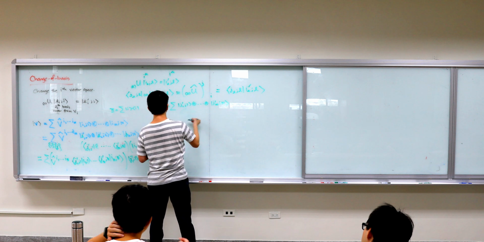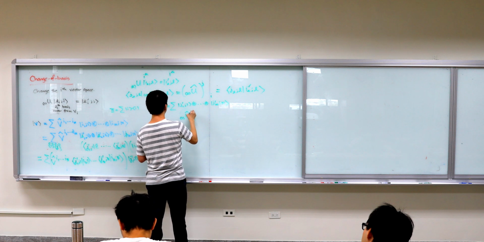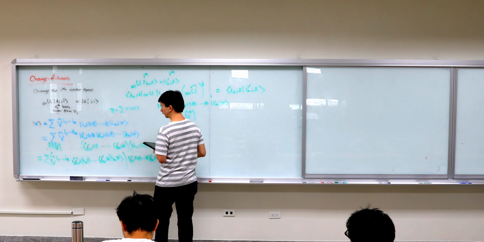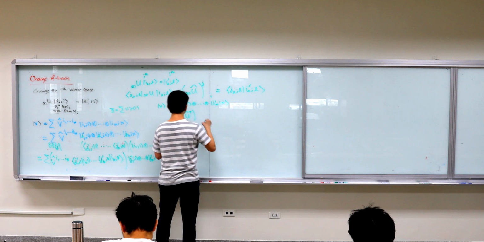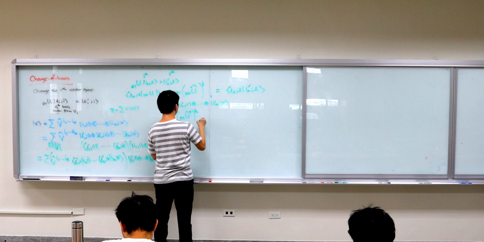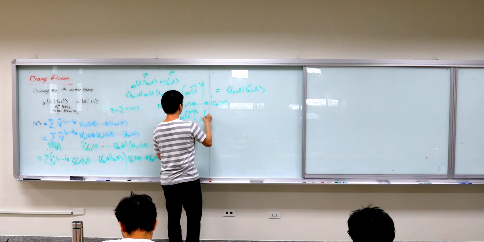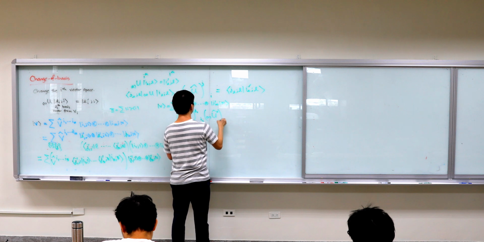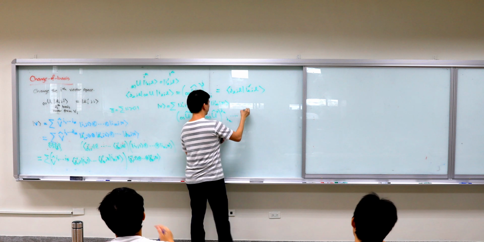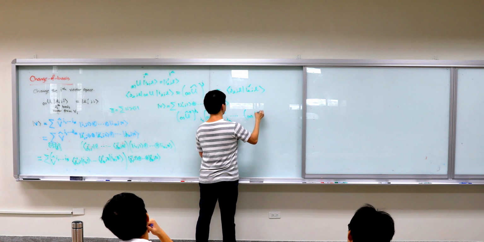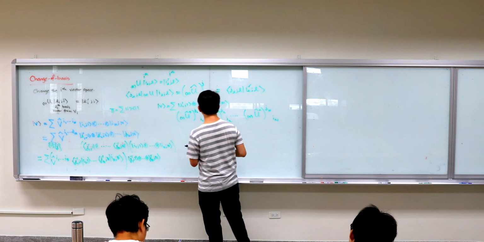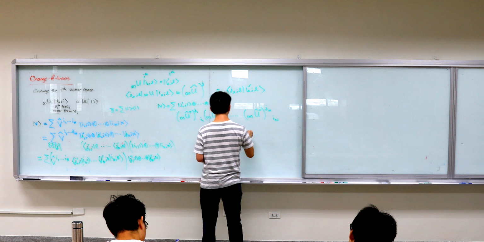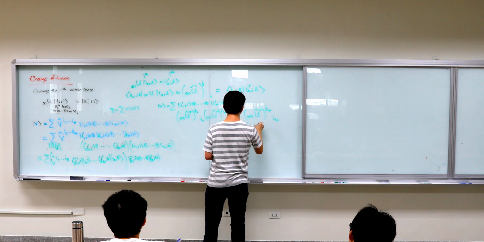So one U dagger J1, I1, and then 2 U dagger J2, I2, all the way to the nth guy, all contracted with that V, I1 through In.